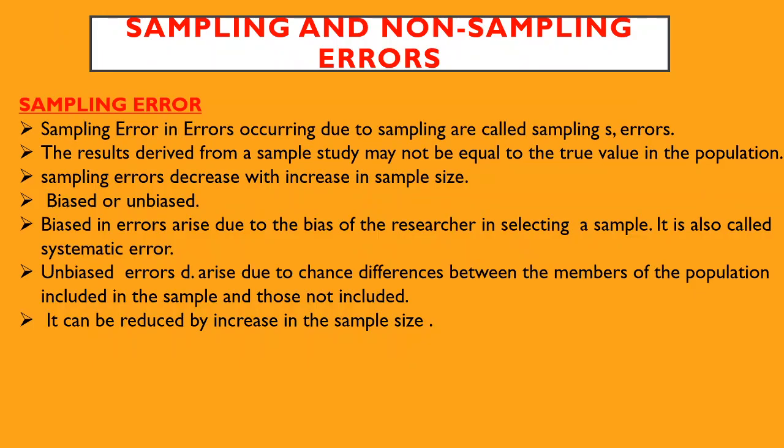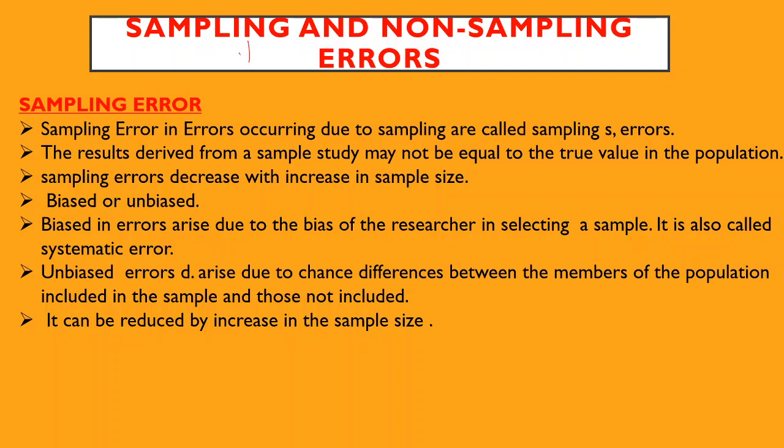And we are moving to the last part of our session, sampling error. There are two types of errors in research: one is sampling error and the other is non-sampling error.